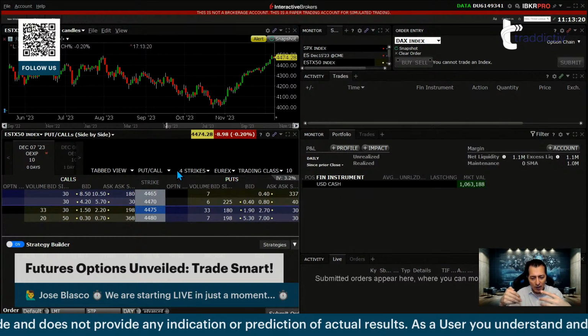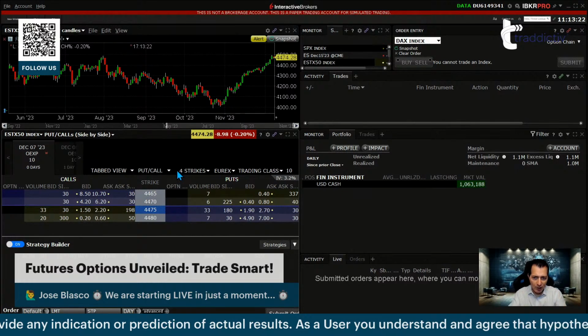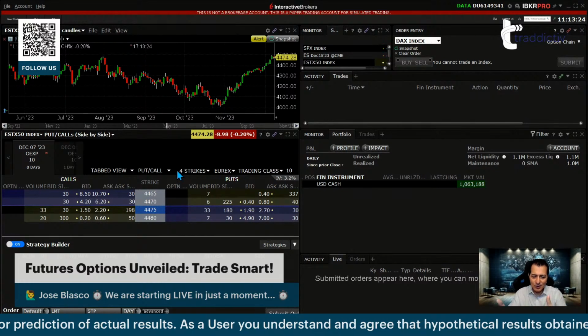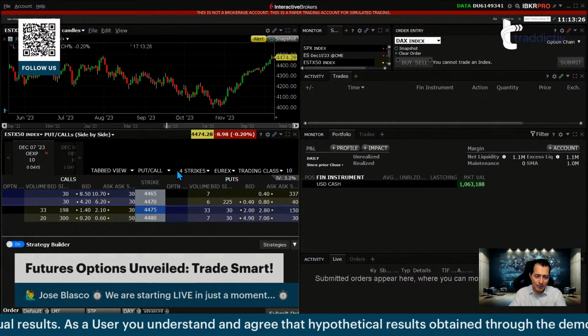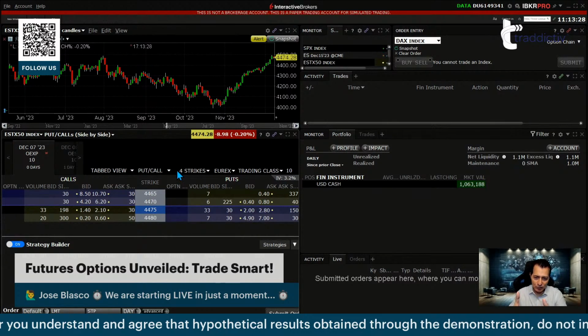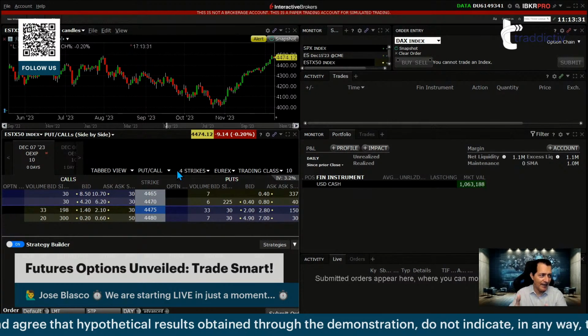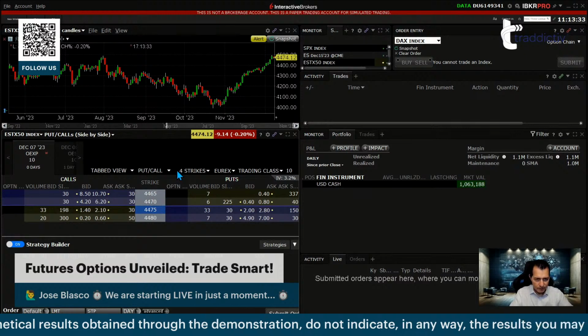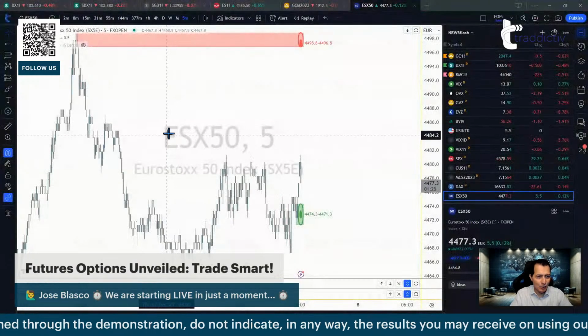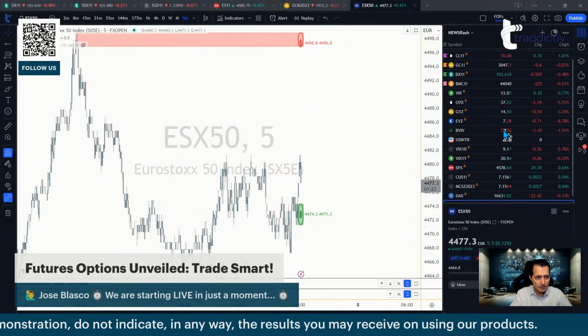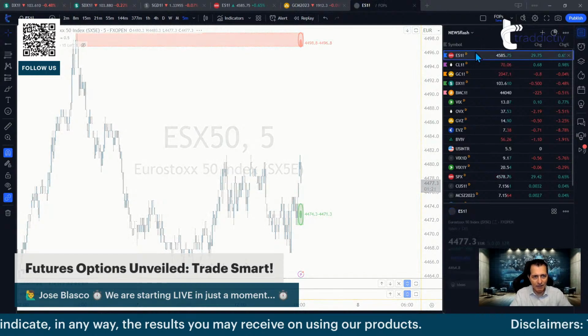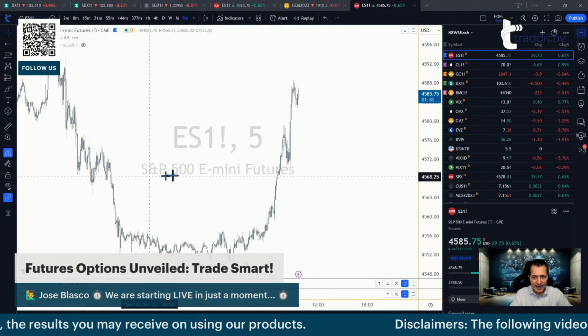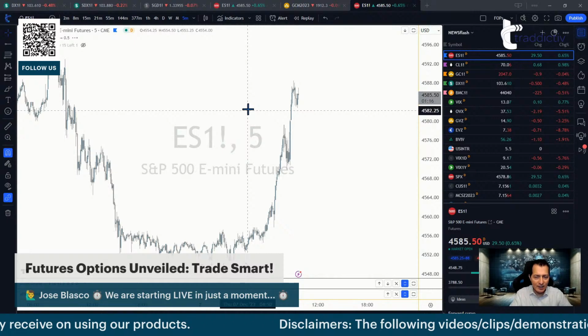So if you are going to trade options on futures, now you've got to keep in mind what I repeated multiple times today, which is the fact that now you deal with futures contracts which have expiration dates. So, for example, let's say you want to trade options on the S&P futures, the S&P E-mini. So what did I do on TradingView?